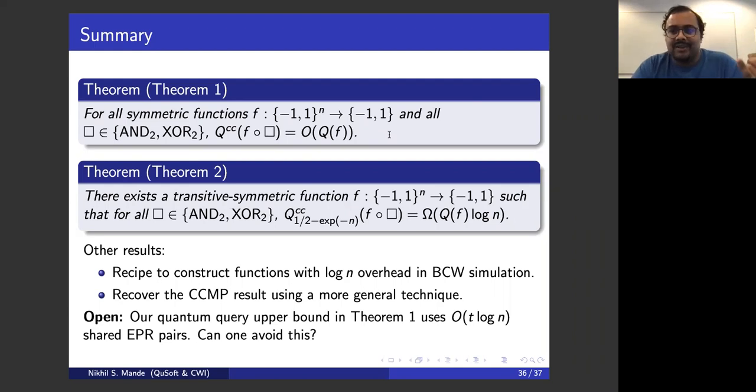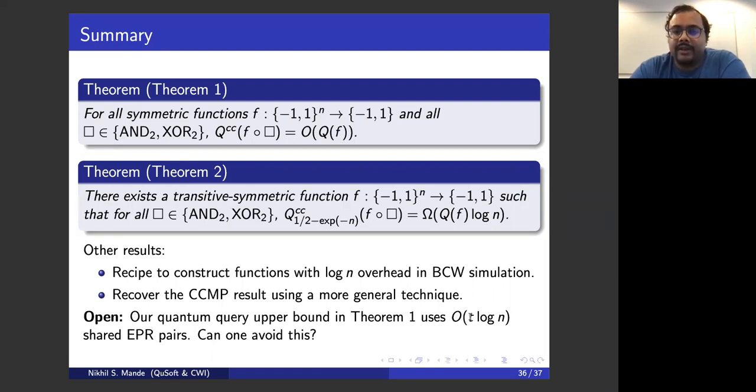And the maximum of the remaining length on the left or right is T. So it turns out that our quantum communication complexity upper bound here uses order T log n shared EPR pairs between Alice and Bob. Since we were interested in the model where shared entanglement is free, this didn't affect our communication complexity.